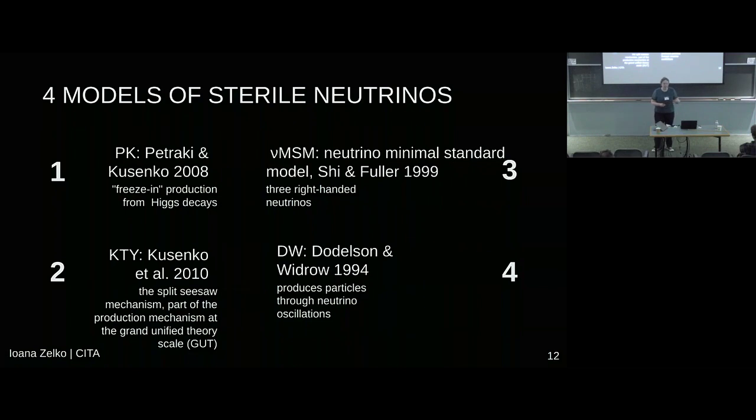So we believe that if there's the other type of spin available as well, it may not interact with the weak force. So those are called sterile by virtue of not interacting. Of course, other particles that don't interact with any force, even dark matter, you could call sterile from the point of view of not interacting with a force like E and M. But in this case, it just refers to not interacting with the weak force. And I looked at 4 different sterile neutrino models that have different production mechanisms.